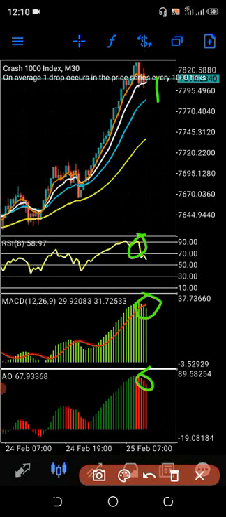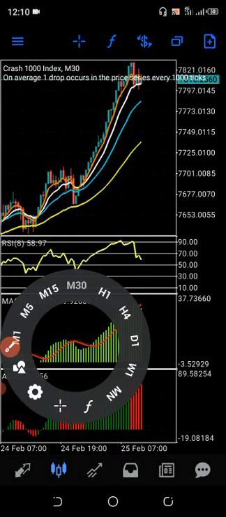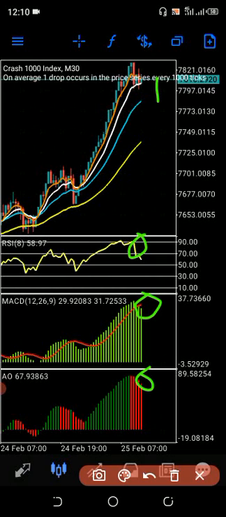Please don't make a mistake of seeing anything like this. Don't make a mistake of seeing anything like this. Anything like this. Here, you enter trade. Here, you enter sell.